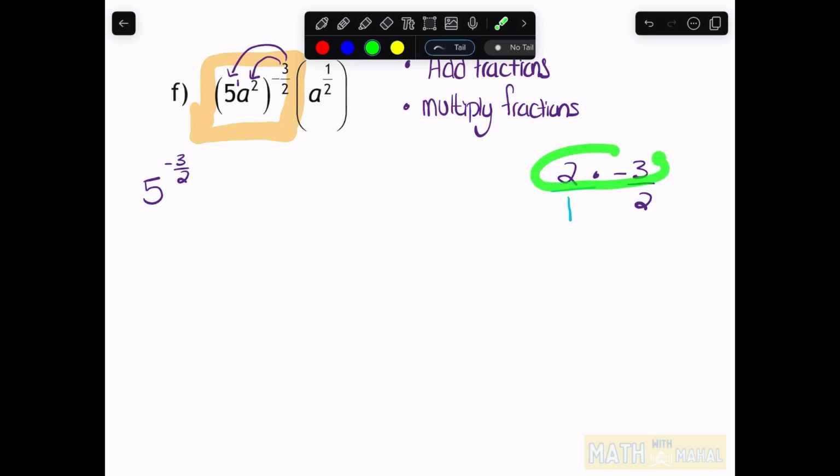And then we can multiply these two by these two. Well, that reduces to -6 over 2, which then reduces to -3. On the same note, we also can just cancel out our 2's, and we would be left with -3. So this portion now becomes a to the power of -3.